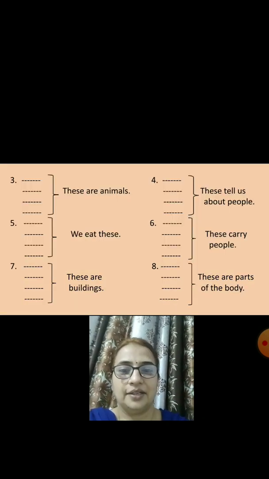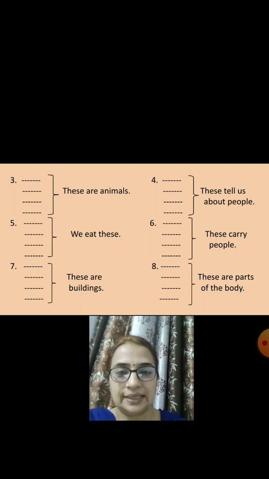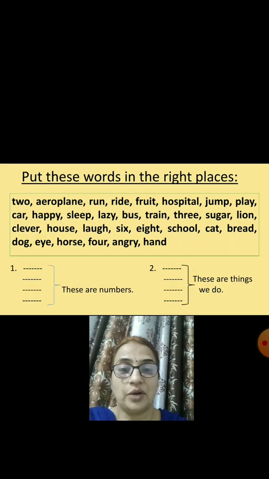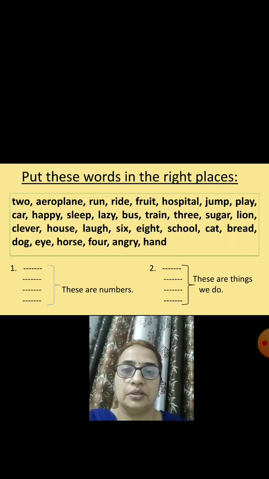Enjoying? Yes. Now fifth question, we eat these. Now this you have to do very quickly. Fruit, correct. Very good. The next line, fast. Sugar, shabash. Third line, bread. And in the last line, there is no word which shows that we eat these things.